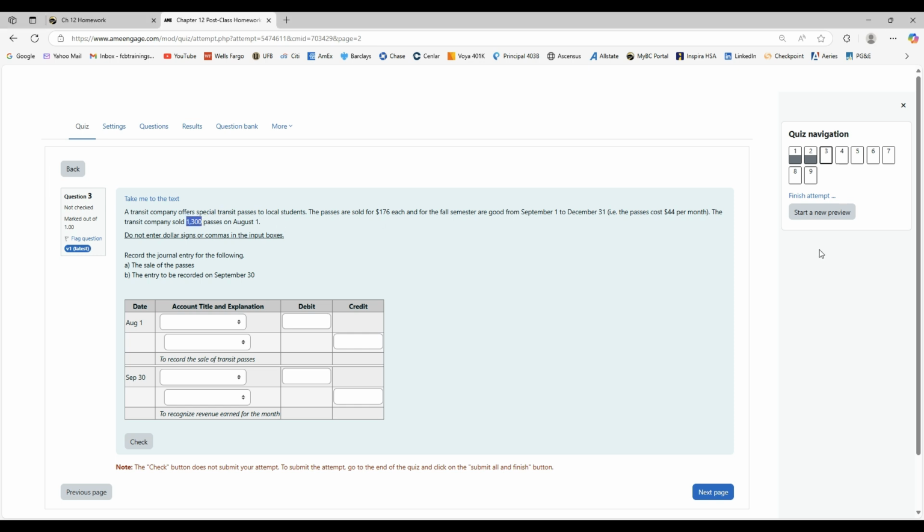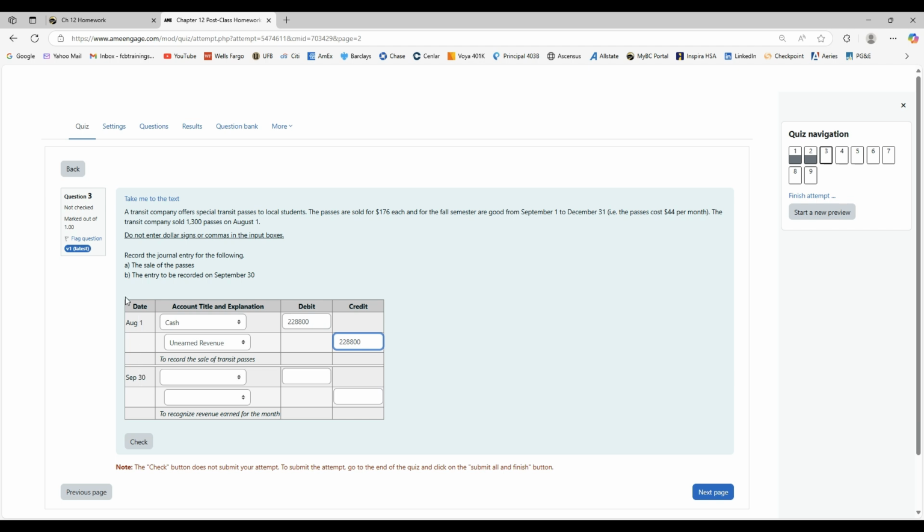So if we sold 1,300 passes, so 1,300 times 176 equals 228,800. So cash goes up, and remember, it's unearned revenue at this point because we haven't earned it yet, even though we have the cash.